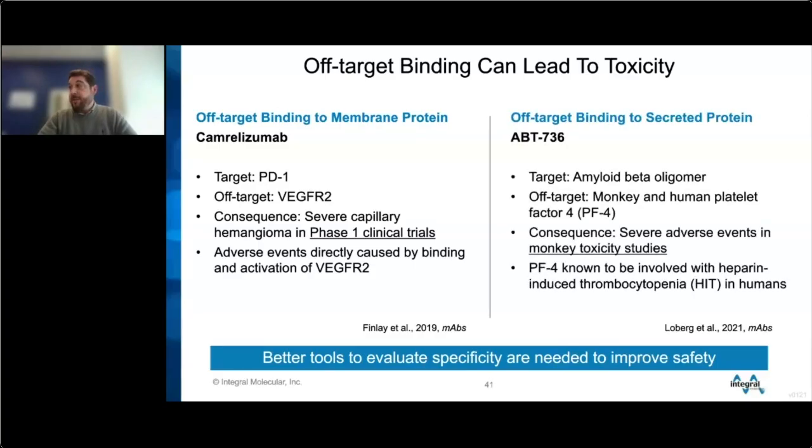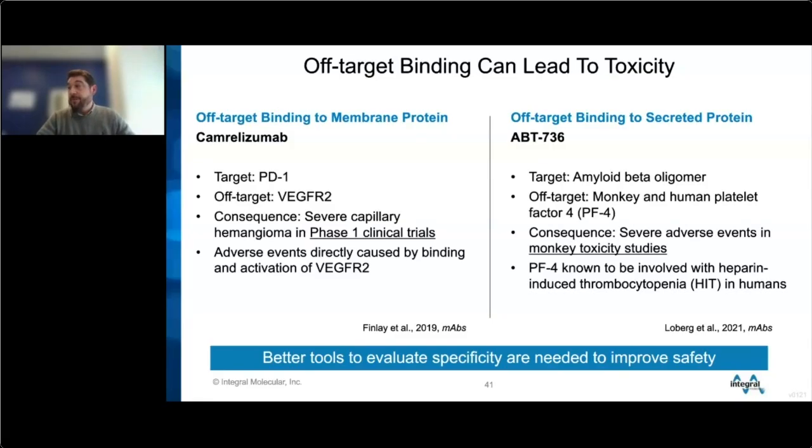In a second example, the molecule ABT736 targets amyloid beta oligomers for the treatment of Alzheimer's-related dementia. This had an unexpected off-target to monkey cynomolgus and human platelet factor 4. The consequence: this was lethal to the monkeys in toxicity studies and the molecule was immediately pulled from the clinical pipeline.